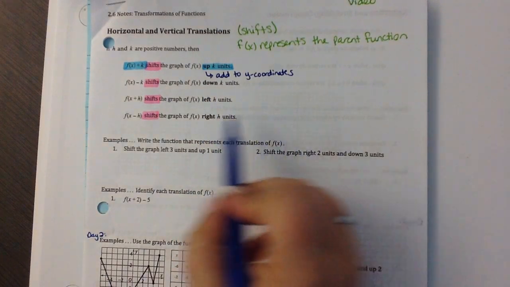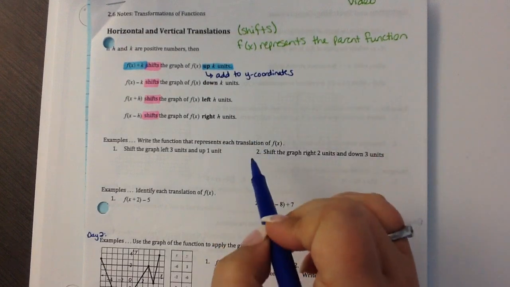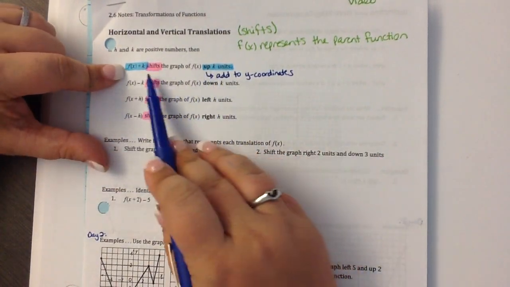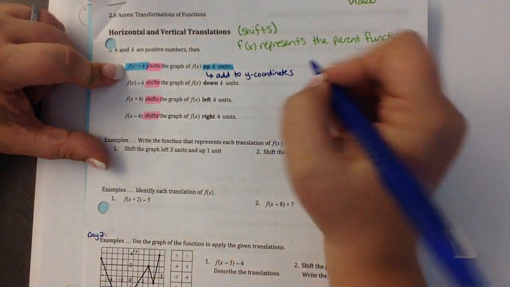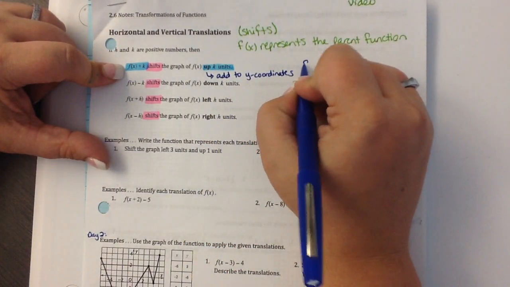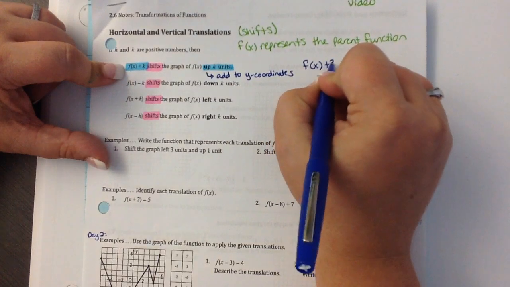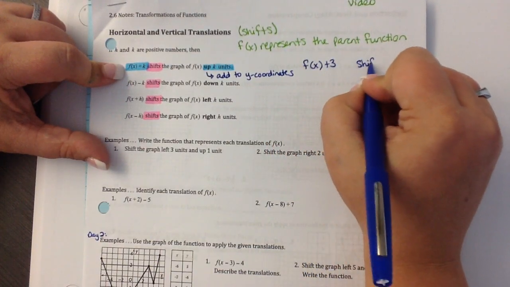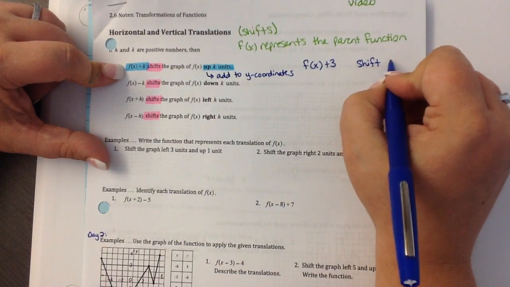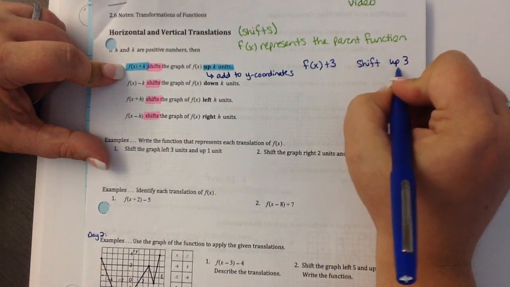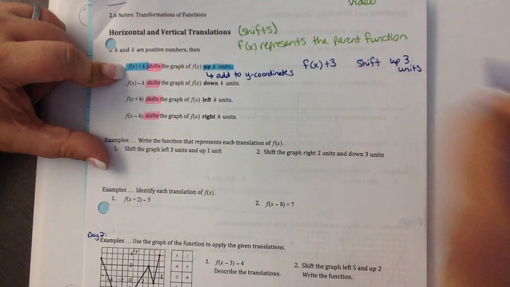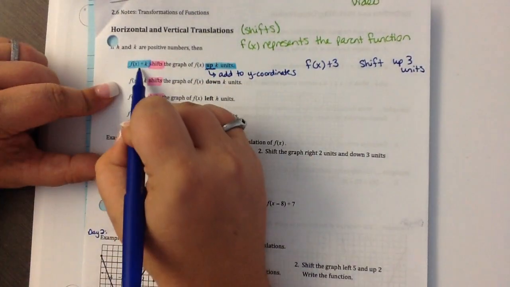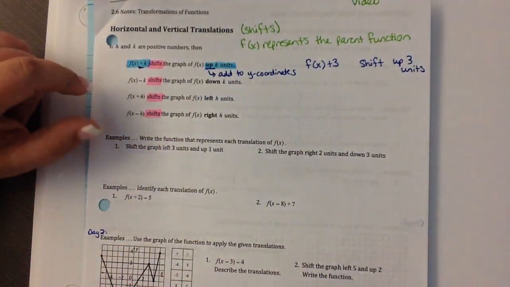You go over in x directions and up and down in y directions. So when you're going up, you will add that to your y coordinates. So if you have something that looks like f of x plus 3, that will shift your function, whatever you're graphing, up 3 units. Okay, it goes up. So when there's a plus sign, it goes up.